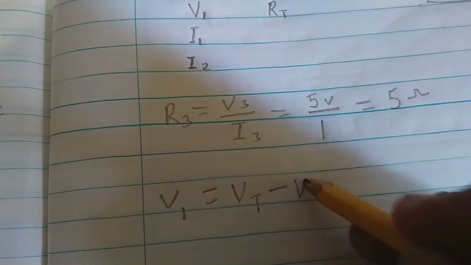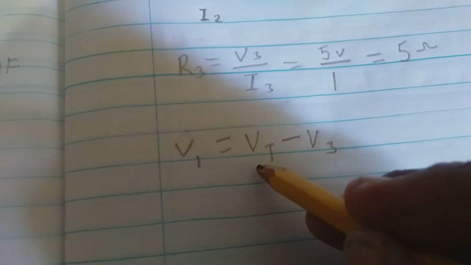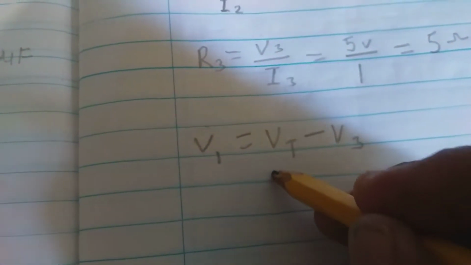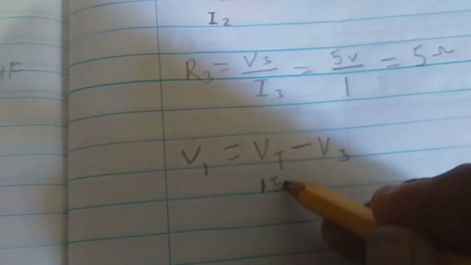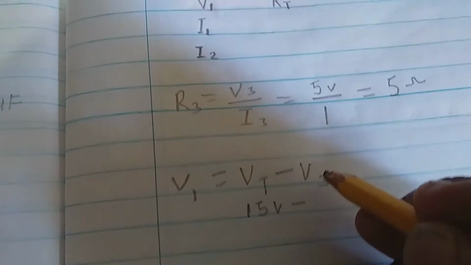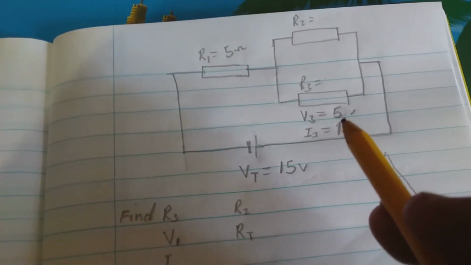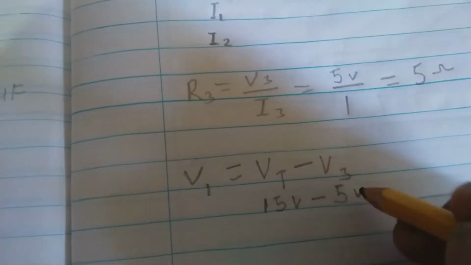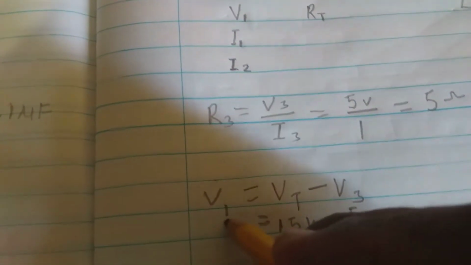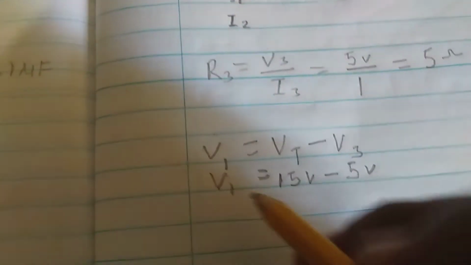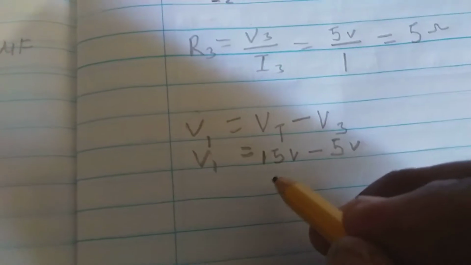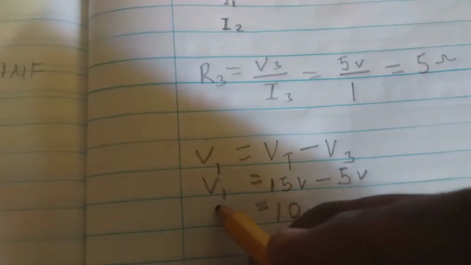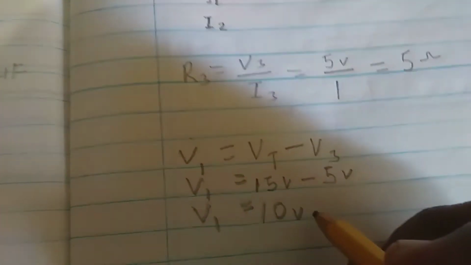Vt is 15 volts minus V3, which is 5 volts. So V1 is 15 minus 5, which is 10 volts. So V1 is equal to 10 volts.